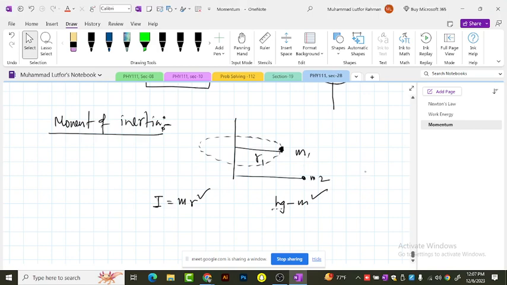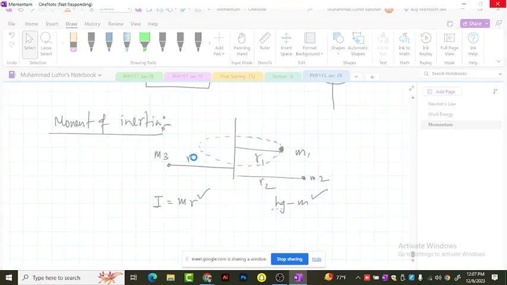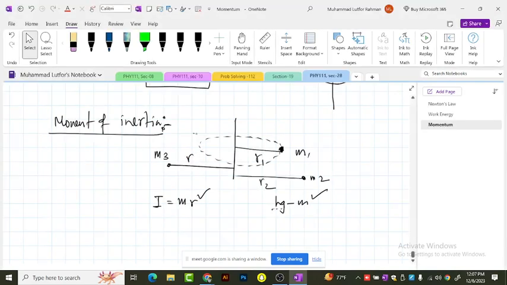I have another mass on that side, which is M3, R3, and I'm going to rotate this system about this axis.